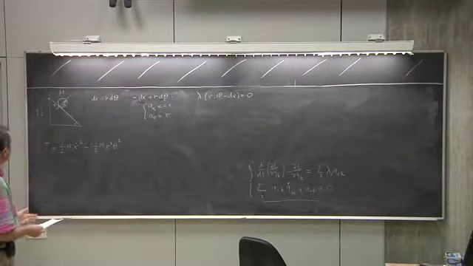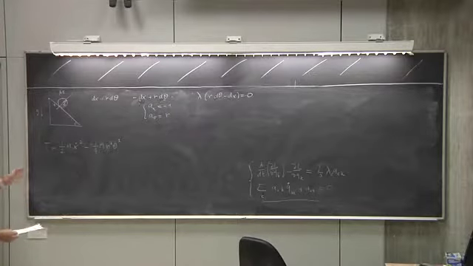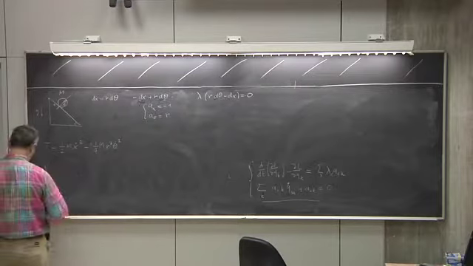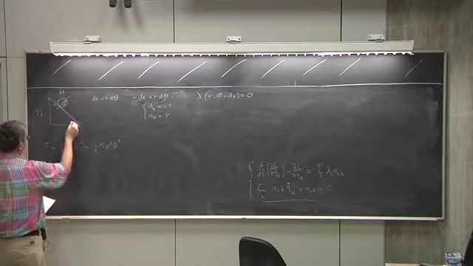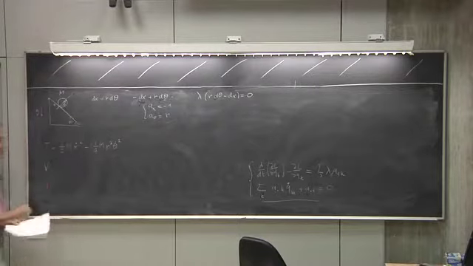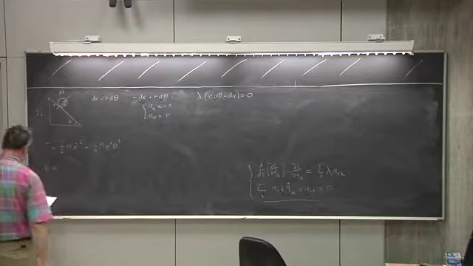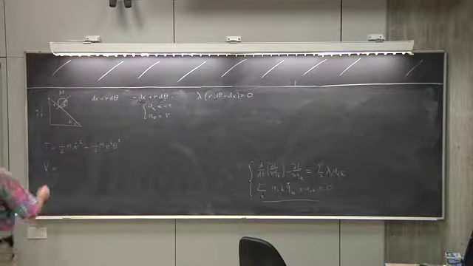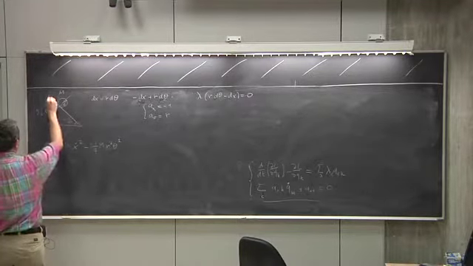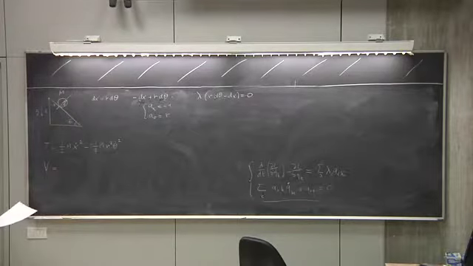So what do I need more? I need the potential energy of these things. To write the potential energy, I have to give what this angle is, so let's call it phi. What is the potential energy for this? If you call this height L, that could be a possibility.